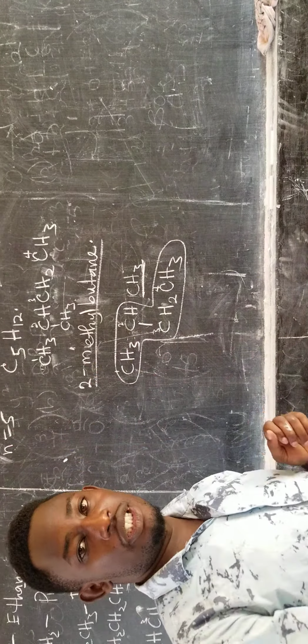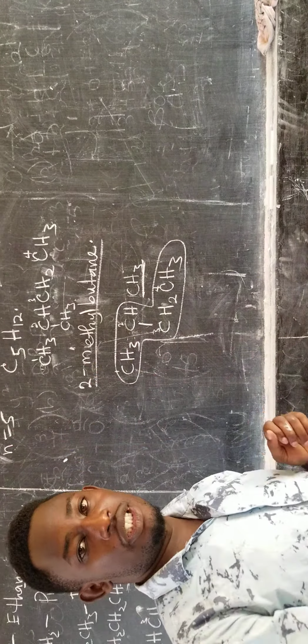Okay, that is it. One more scenario. For n equal to 6, that is C6H14. Of course, we can have hexane, but I want to create different branches.